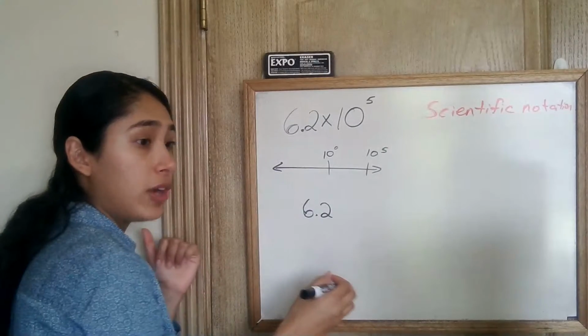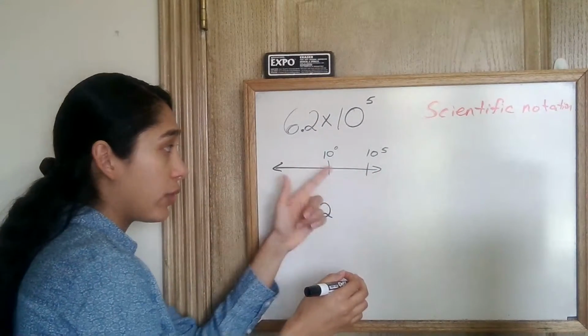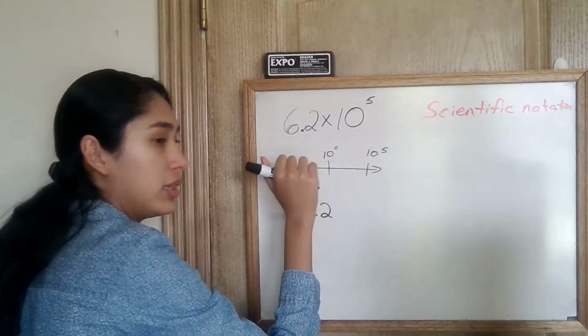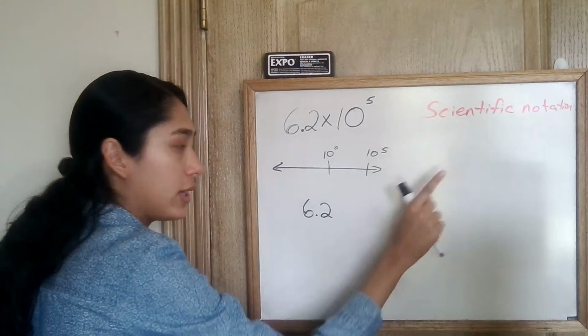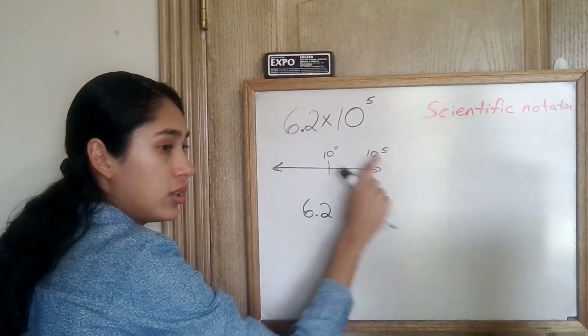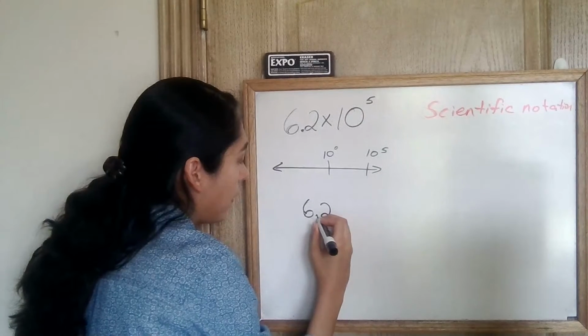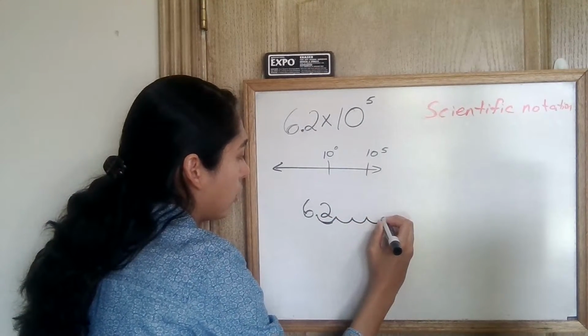Great. I know 5 is positive. It's on the right side of the number line, or right of 0. So I am going to move the decimal place 5 times to the right, because 5 is to the right of 0. So we're going to go 1, 2, 3, 4, 5.